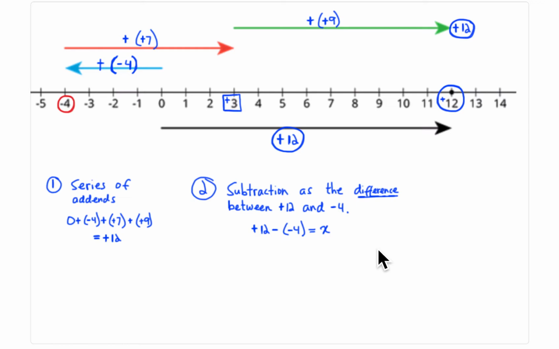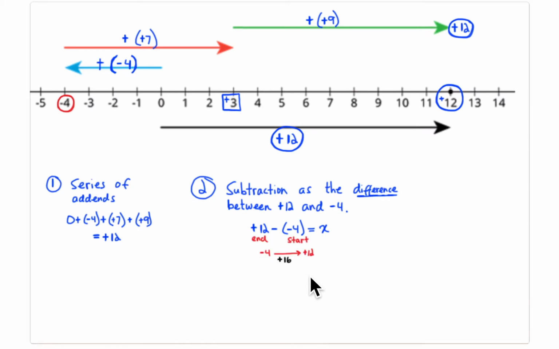What is the difference on a number line between positive 12 and negative 4? So they would write that as a positive 12 minus a negative 4. And so this problem is, what's the difference between that positive 12 and that negative 4? And so we would look at that positive 12 as the end, and that is where you end up.